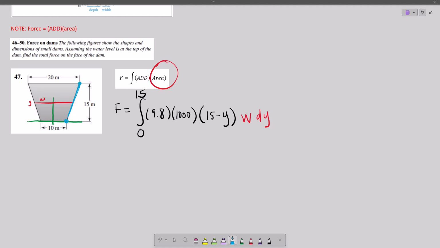We need 2 points. This point on the line, 5, 0. How about that point on the line? 10, 15.